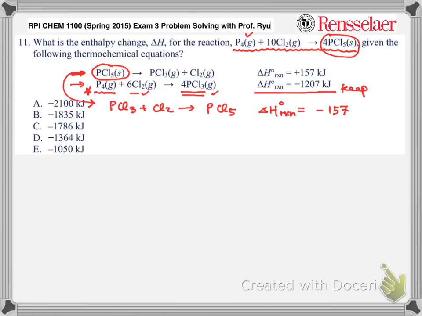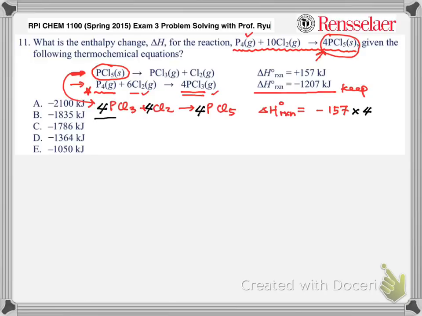And now I need to make this the constant 4, so I need to multiply the whole thing by 4, which makes the heat of reaction also multiplied by 4.